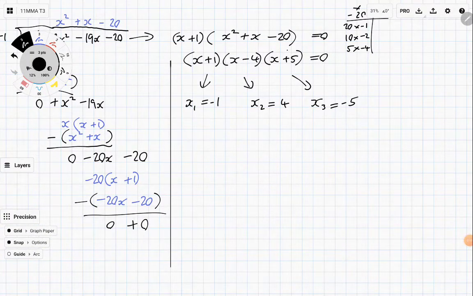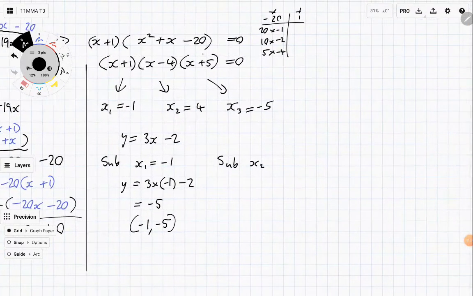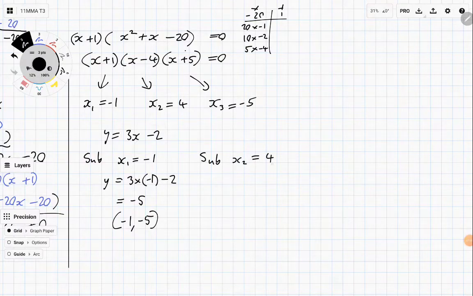So let's do that. y is equal to 3x minus 2. Sub in x1 equals negative 1. y is equal to 3 times negative 1 minus 2. Negative 3 minus 2 is negative 5. So my first solution should be negative 1, negative 5. My next solution, x2 is equal to 4. y is equal to 3 times 4 minus 2. 12 minus 2 is 10.